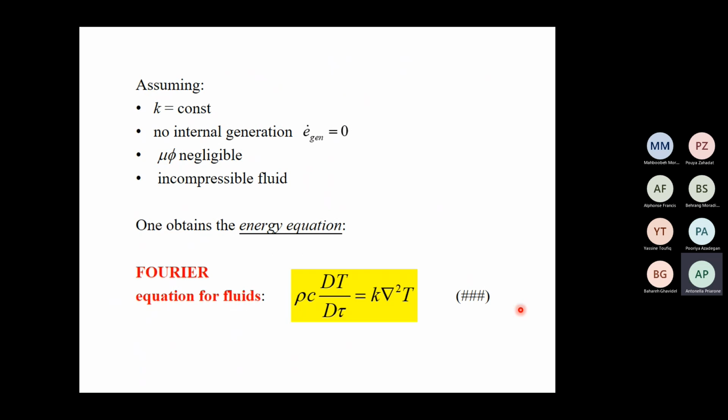Now, a recap of the assumptions that we have to consider. To obtain this yellow equation, that is the energy equation that we will use always in our course, I have to make this list of assumptions. K constant, thermal conductivity as a constant.